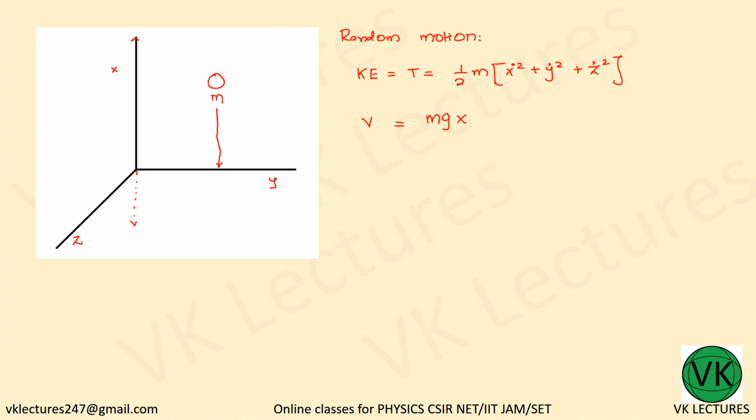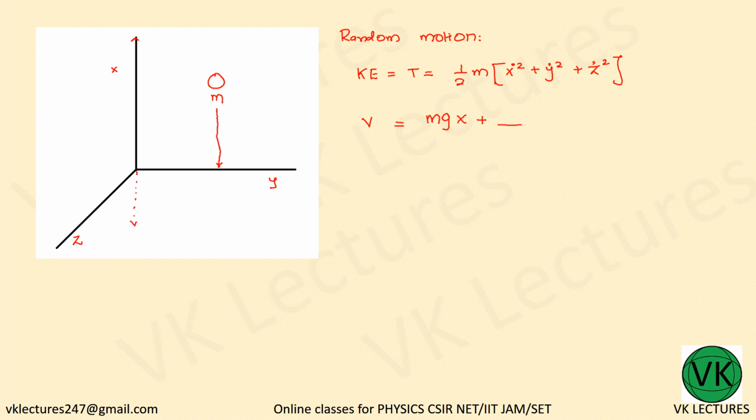So the potential energy will be mgx. In case there is any other potential acting on mass m, that also can be included, which can be a function of x, y, z, etc.